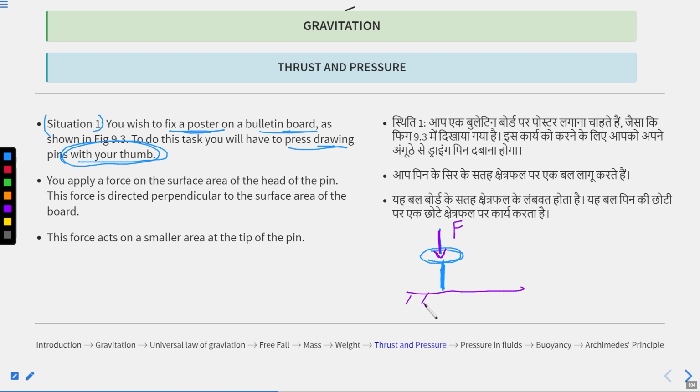So the force is perpendicular to the surface. He is applying force perpendicular to the surface area, and he is applying the force on the head of the pin, which is much wider in comparison to the tip of the pin.